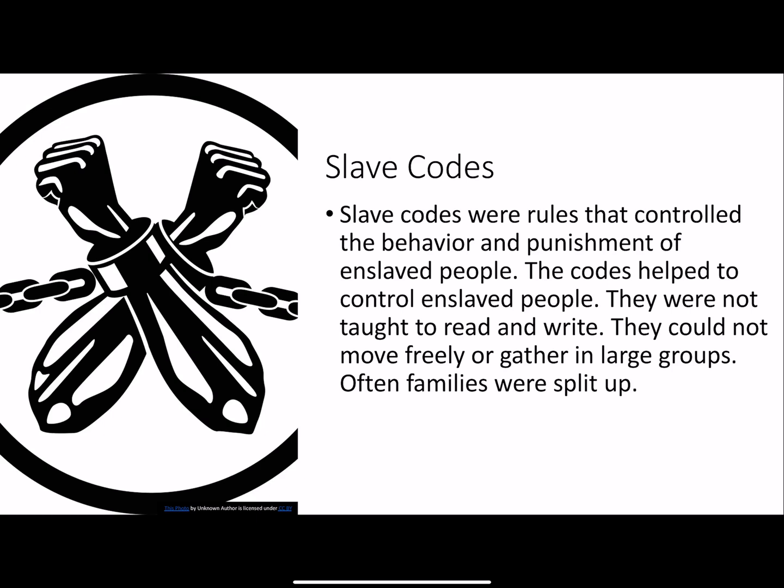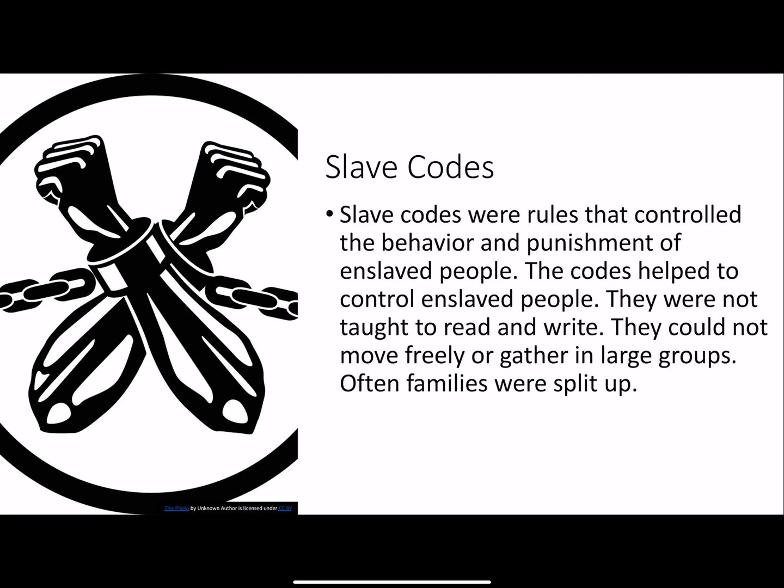Now, I will say this: not all owners were cruel. Some owners were cruel, not all were. Some slave owners actually treated their slaves with a great deal of respect, and they might have allowed them to gather in groups, to read and write, or to get married.